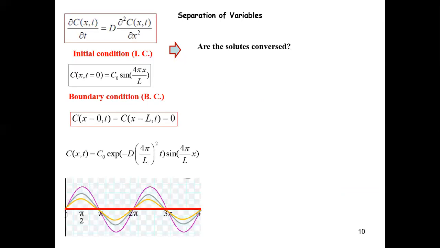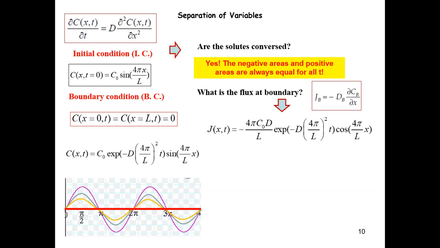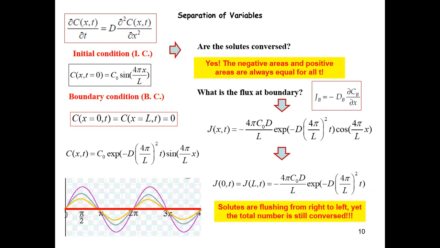And then we move on to examine some very interesting things. This solution actually encodes all the information you have for the diffusion equation, right? And we know that the diffusion equation contains both Fick's first law and Fick's second law, which are respectively Fick's law for the flux as well as the continuity equation.